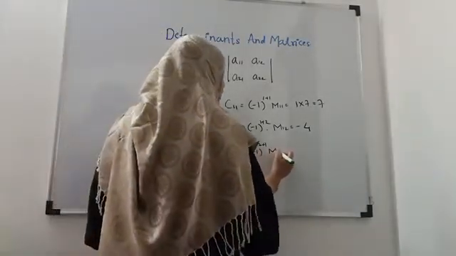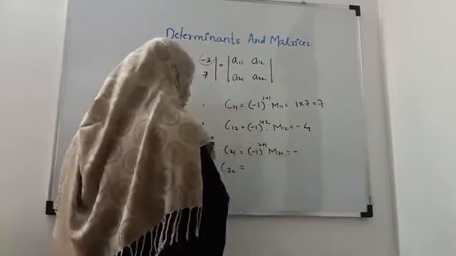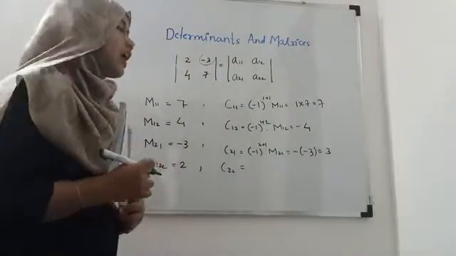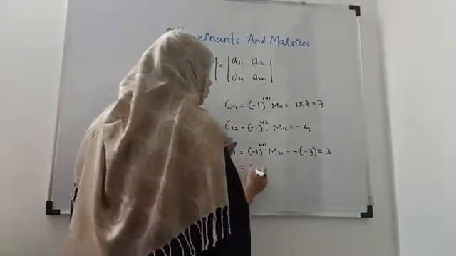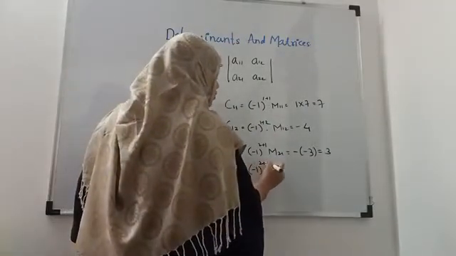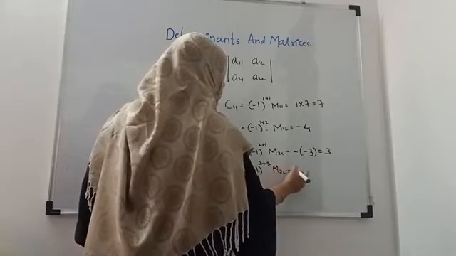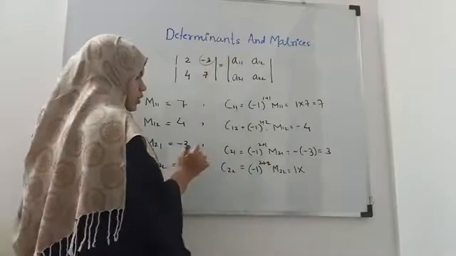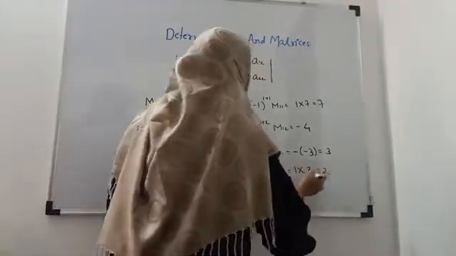And M21 is minus 3, so minus of minus 3 is plus 3. And the last one is C22, that is minus 1 raised to 2 plus 2 into M22, which is 1 into 2. So answer is 2.